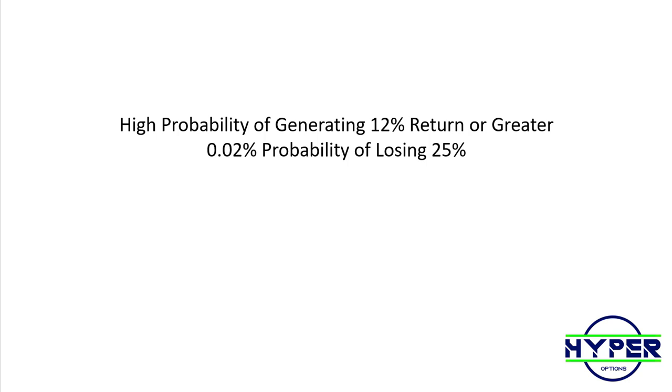And actually I'm being conservative there. It's actually a much smaller probability, but we'll peg it at 0.02, not 2%, not 0.2%, but 0.02% probability of losing 25% on your first trade because the stock goes to zero. Just a very, very low probability. Or if the stock goes to zero at any time during the next year, what's the probability of that?